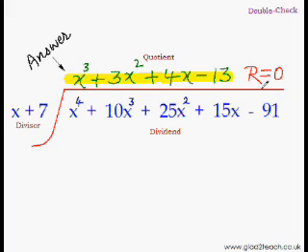So to verify our answer, we need to do the operations on just the coefficients of all these parts, like we always do. So 1 plus 10 is 11, 11 plus 25 is 36, 36 plus 15 is 51, and 51 minus 91 is minus 40.